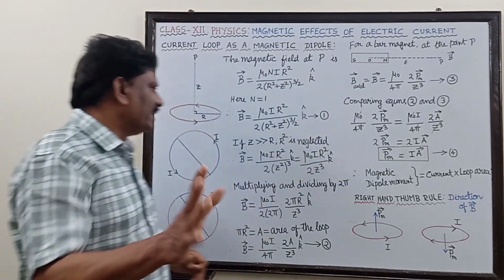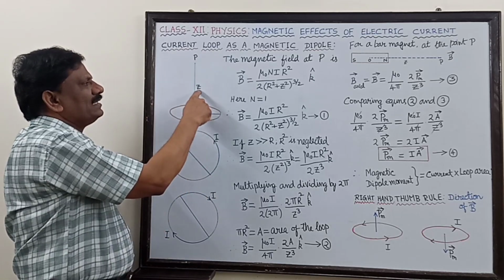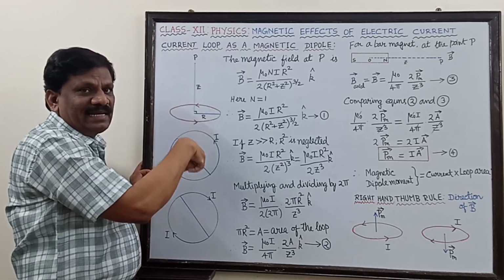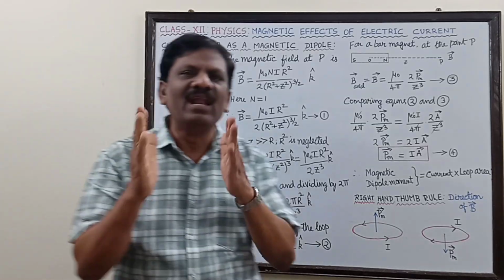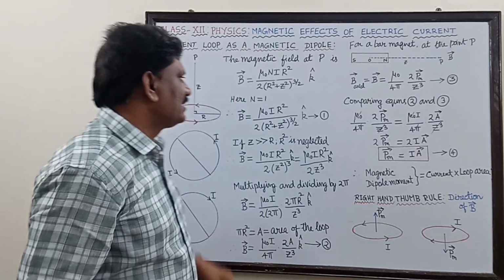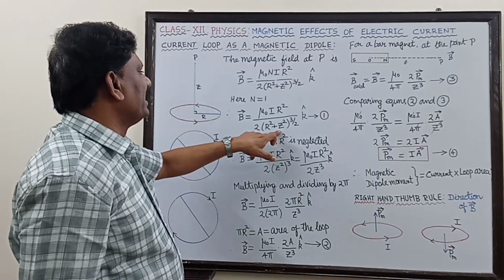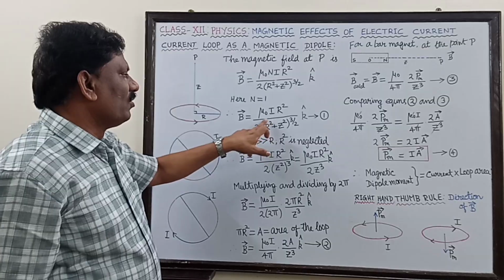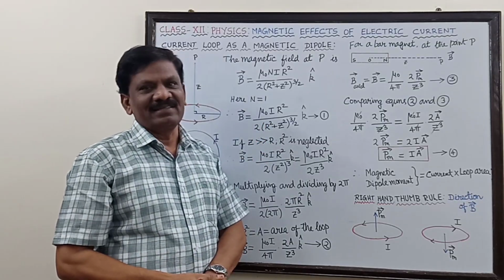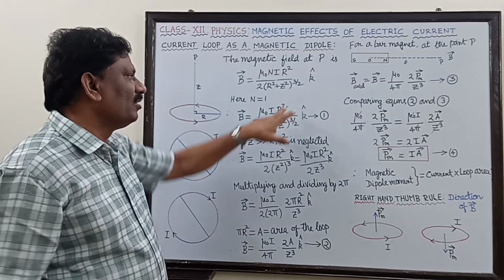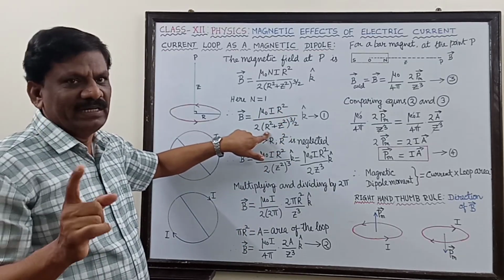Next, you compare the distances along the Z axis. The distance Z is very much greater than the radius of the coil R. In such a case, in the denominator, Z square is greater than R square. Therefore, only in the denominator, the R square term can be neglected. As a product, it cannot be neglected in the numerator, but as a sum, it can be neglected in the denominator.